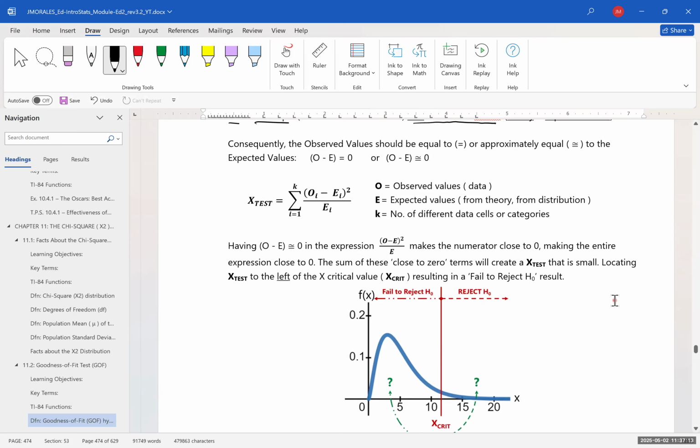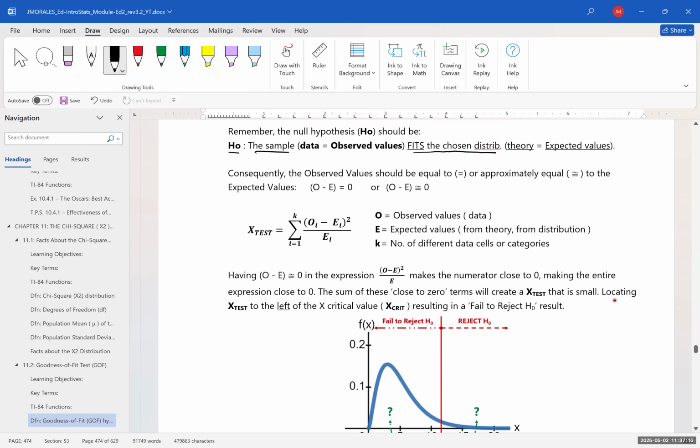Having the observed and the expected values approximately equal in this expression makes the numerator close to 0, which makes the entire expression close to 0. And the sum of these close to 0 terms will create a test statistic that is small, locating the chi-squared test statistic to the left of the chi critical value, resulting in a fail to reject result. That may be somewhat cryptic, but let's try and look at a visual.